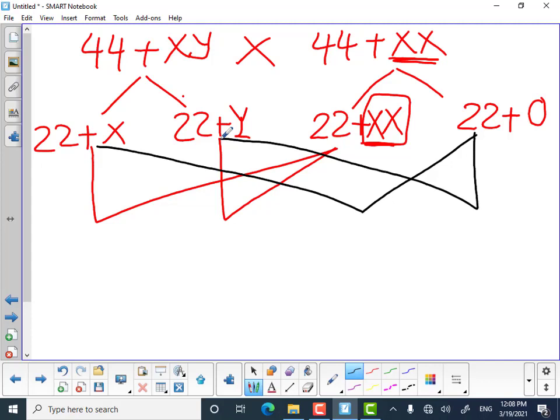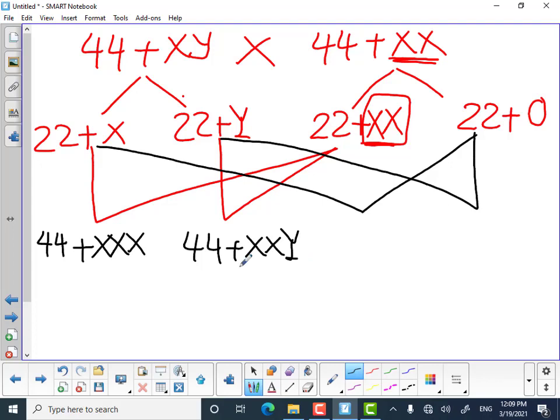The first one will be 44 plus XXX, abnormal. Another one will be 44 plus XY. Normal or what?